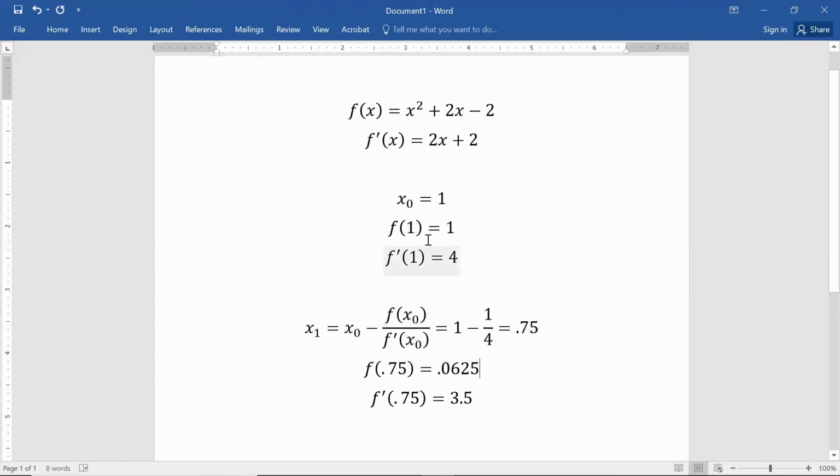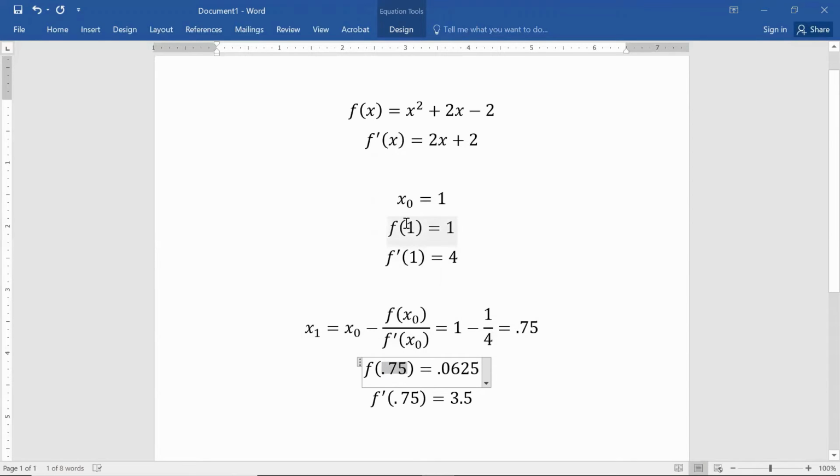I want you to take note of what happened here. My initial guess of 1 gave me out a function value that was 1. Notice my second guess gave me out a function value that is much closer to 0.